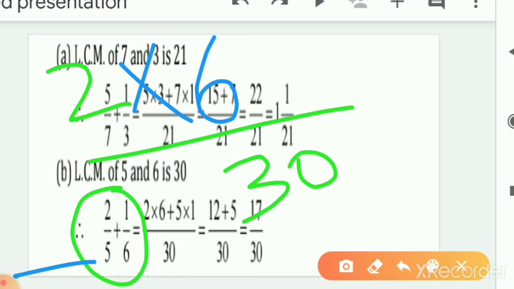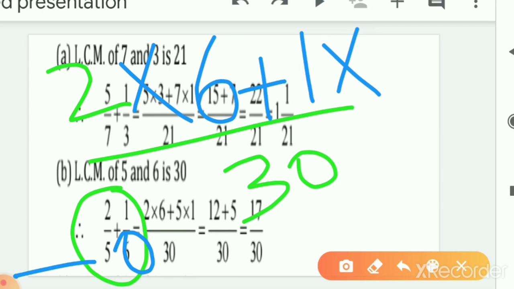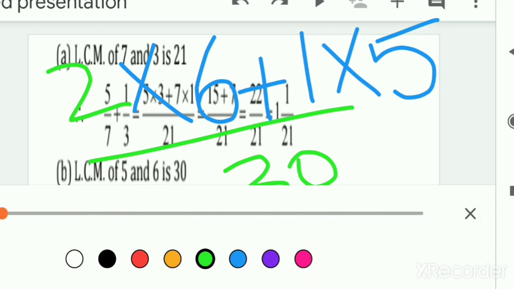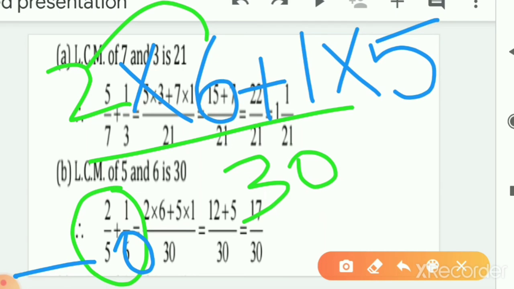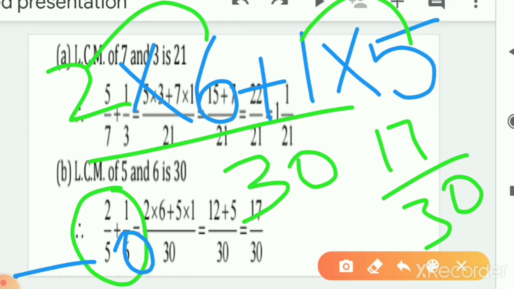So multiply numerator 2 by 6. Then plus 1 write as it is. Now in the table of 6, 30 comes how many times? 5 times. So 6 5 ja is 30. So multiply numerator by 5. Now multiply all these numbers and solve it. 2 6 ja is 12 plus 5 is 17. 17 by 30 is our answer.